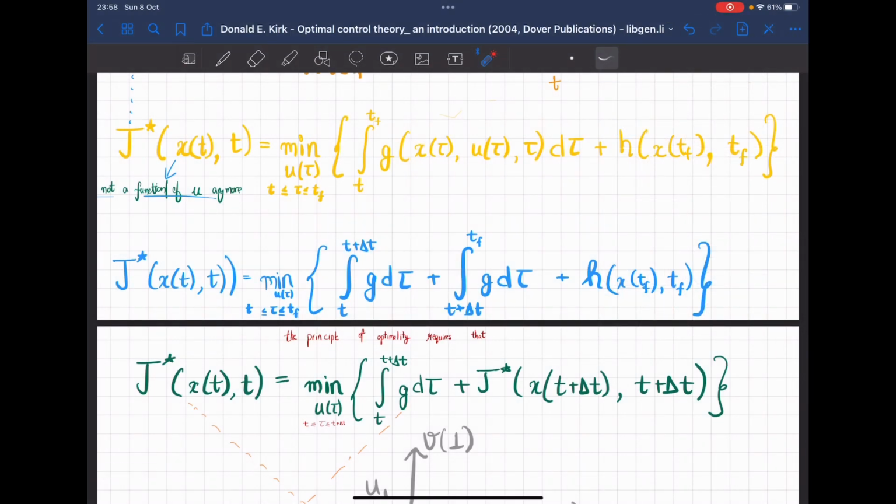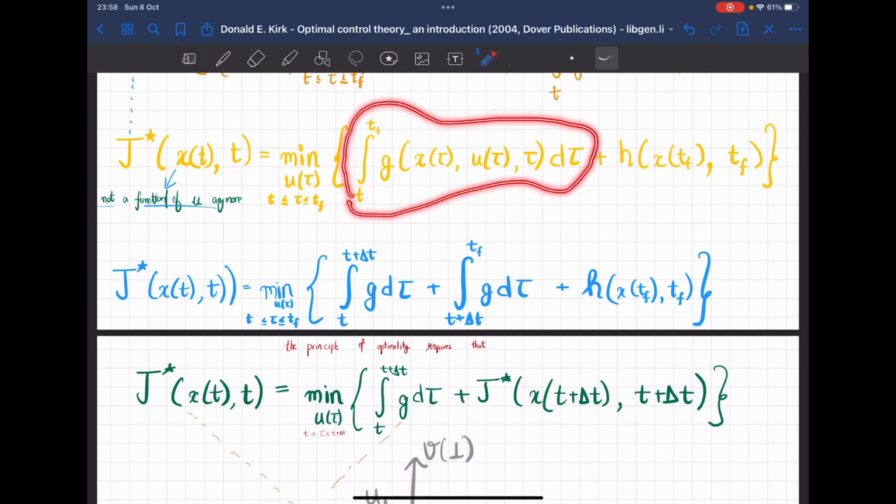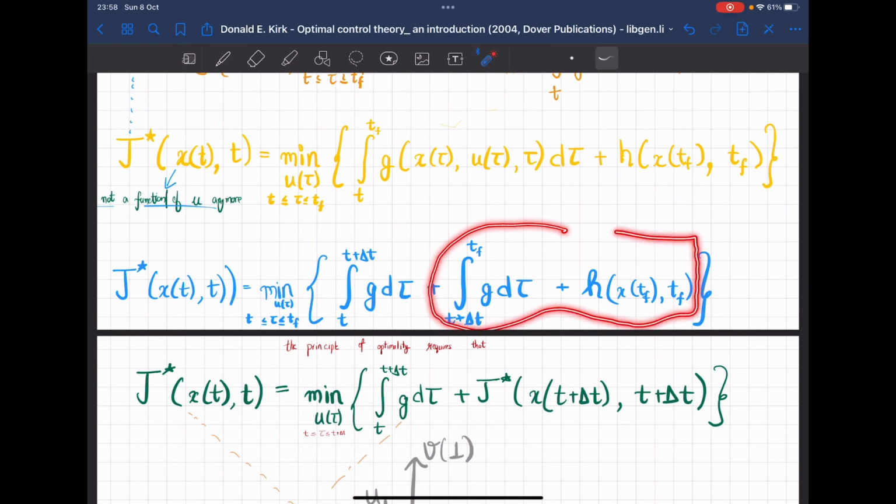So now what we have to look at is that once we have the J star, and it's going from t to tf, we will split this integral into two parts. We'll split it into t to t plus delta t, and t plus delta t to tf. Once we write this as two parts, then we can segregate these parts together and write it together as J star of x, t plus delta t, and t plus delta t.